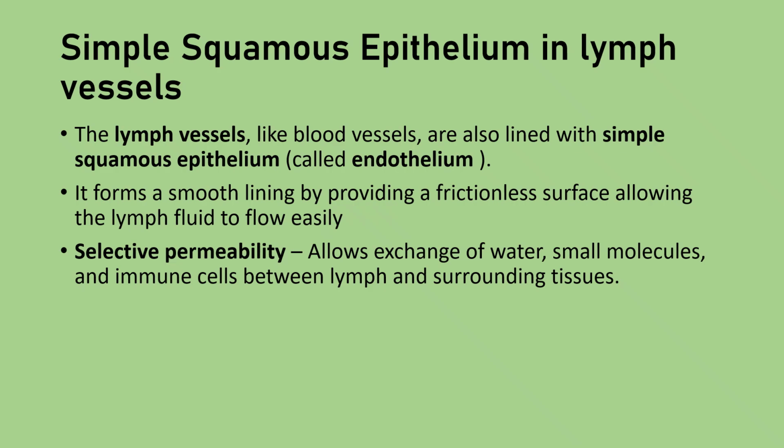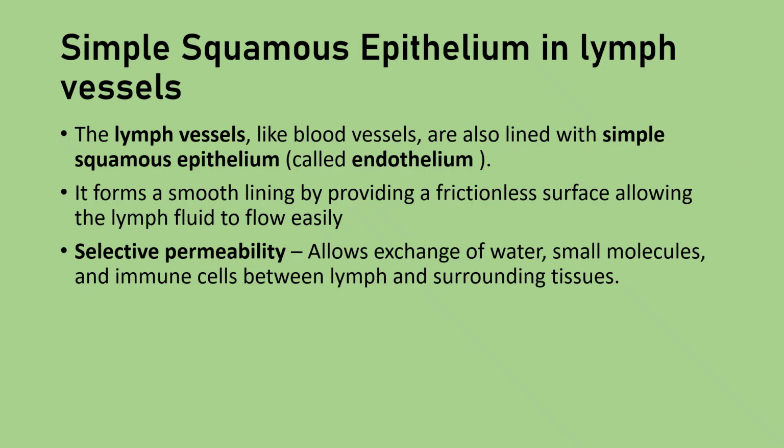Simple squamous epithelium is also present in the lymph vessels. The lymph vessels are just like the blood vessels and they are also lined with simple squamous epithelium, which is called endothelium, because it forms the lining of the internal parts of the body. It forms a smooth lining by providing a frictionless surface.